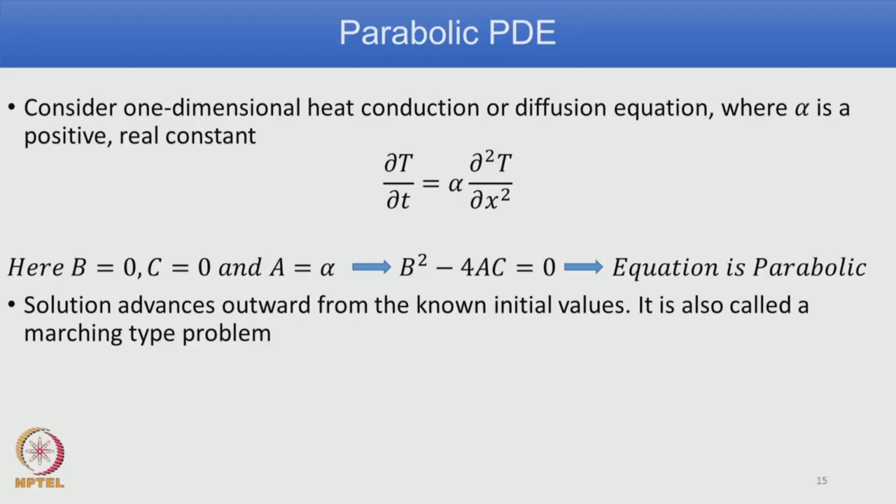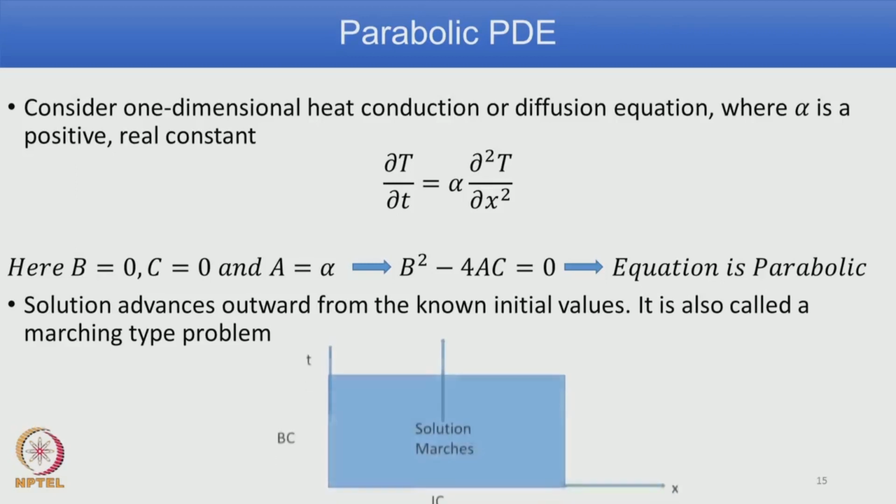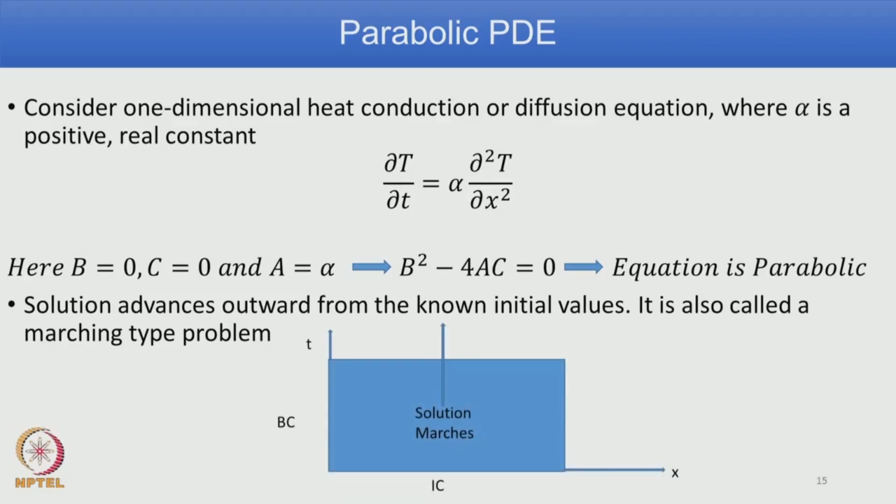Such a problem is also called a marching type problem, and it is sketched here. This is the start where you specify the initial condition, and there are boundary conditions for different time values, and the solution marches in one direction. You do not come back and try to implement the boundary condition at time equal to 0.